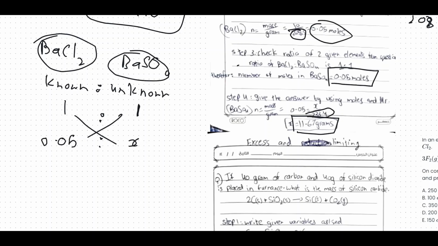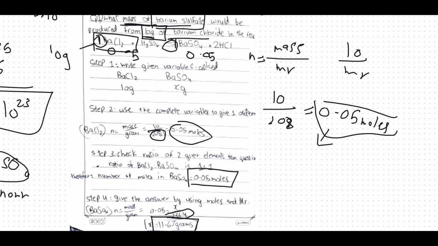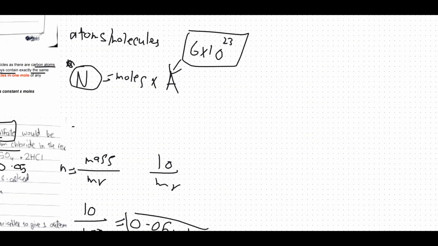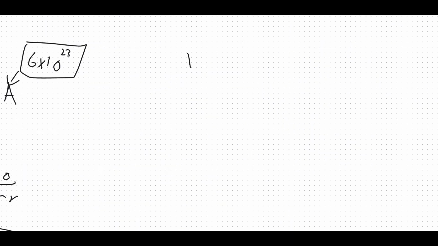So this is how you would usually find the answer when you have only one known value. This is the case when you have one known value for your reactants. There is another method for a different type of question. That type of question is when you have two known values.